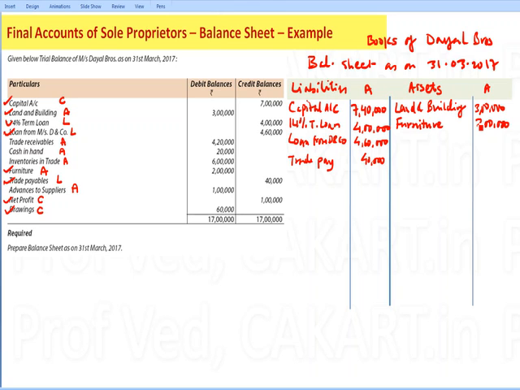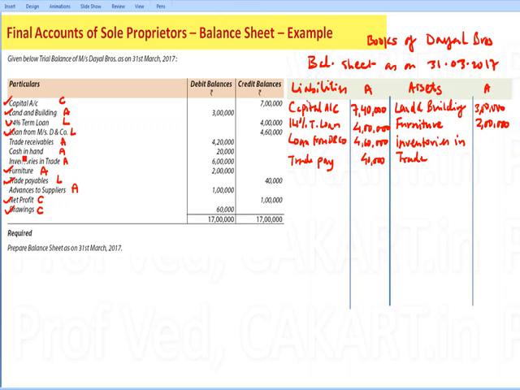Okay, so now time to take care of current assets. So let's take inventories in trade, cash in hand. We will write cash at the end, and advance to suppliers, trade receivables, and inventories in trade. So inventories in trade we'll write now, because this one is a little less liquid than all the others.